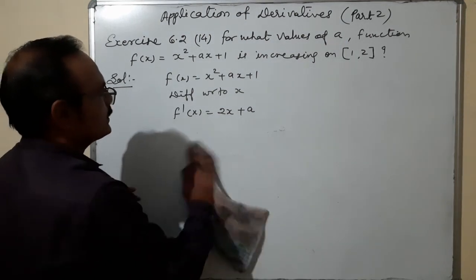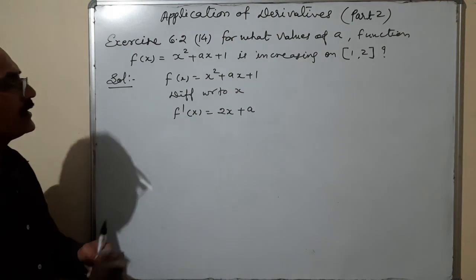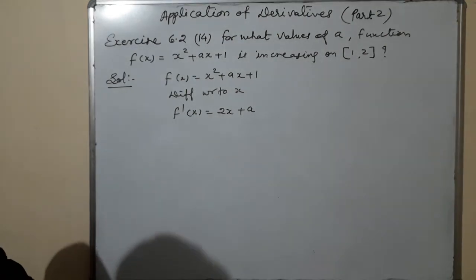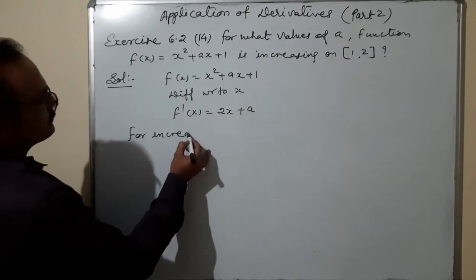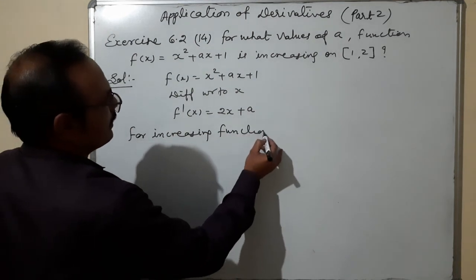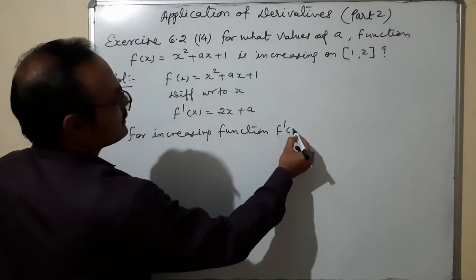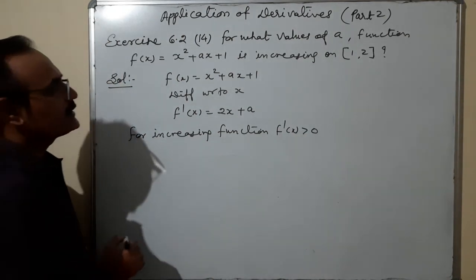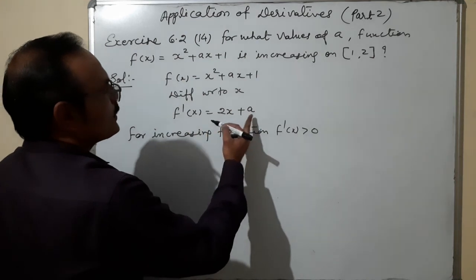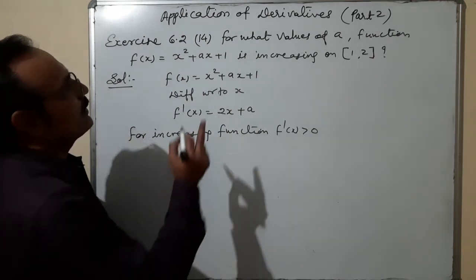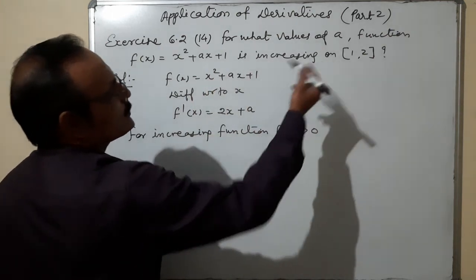Simply we can use one thing for increasing. For an increasing function, f dash x is greater than 0, that means 2x plus a should be greater than 0. Is that okay? And for what values of a in this function?